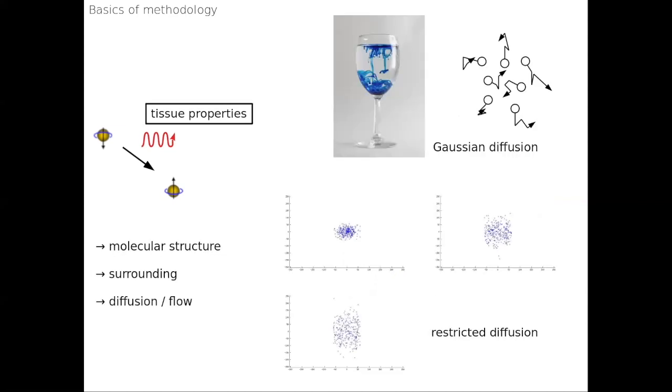And we have diffusion and flow that changes or can be used to look at the signal of protons in the tissues. And what is quite interesting also with diffusion is that in tissue we don't have a Gaussian diffusion, but we have a more restricted diffusion because of anatomical barriers. That's quite well known, of course, in cerebral imaging with the diffusion tensor imaging.